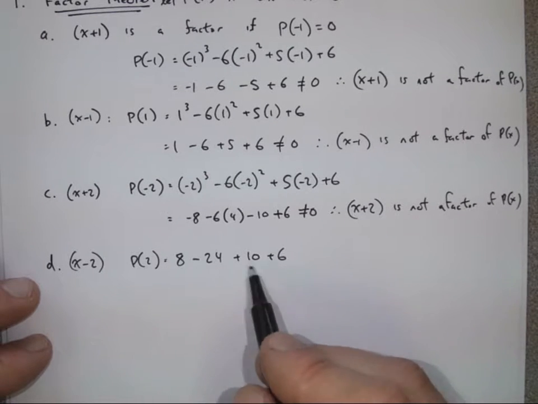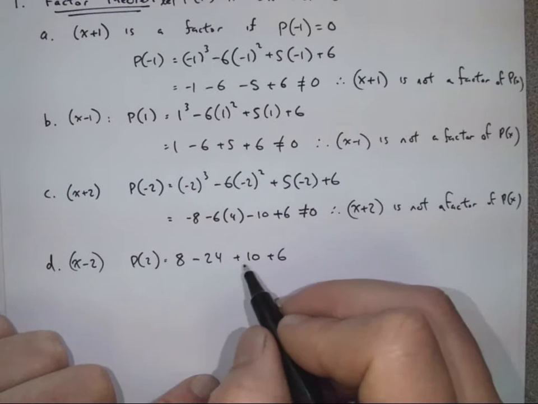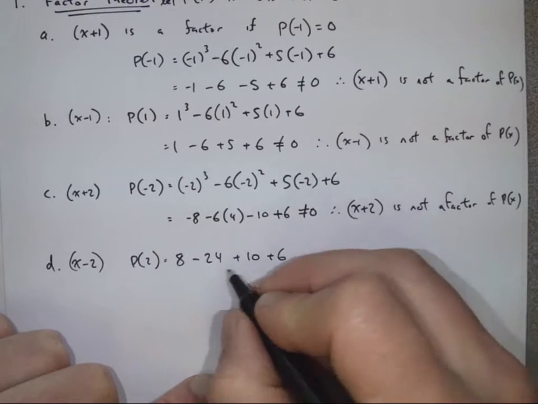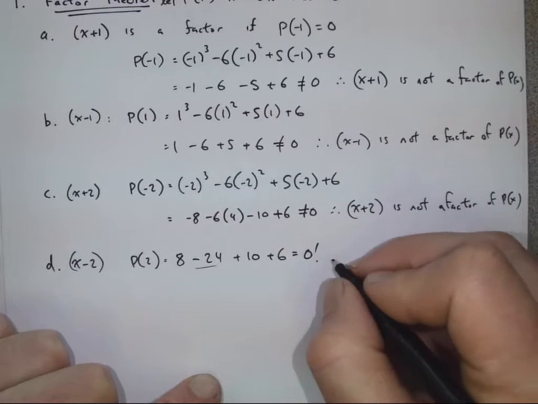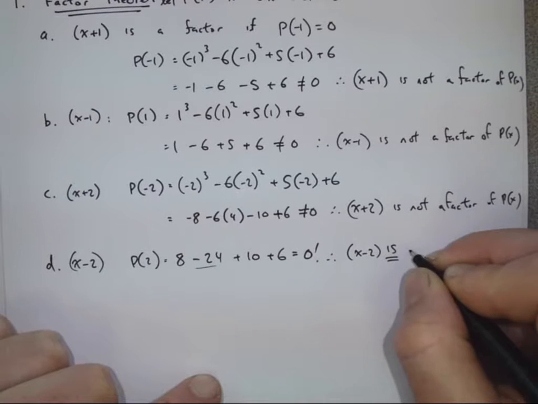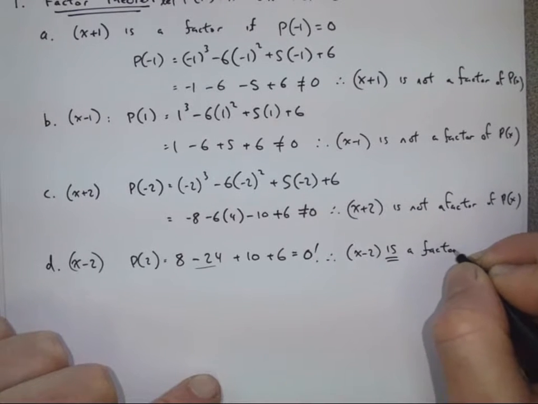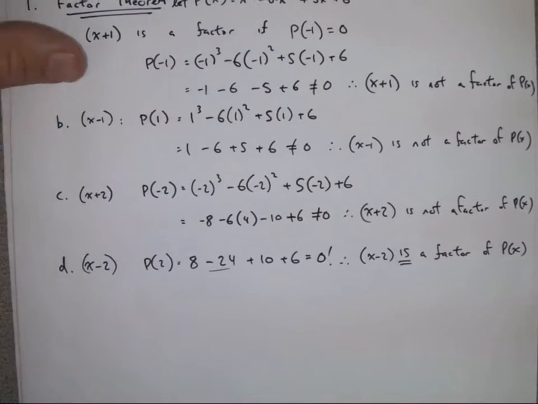I think we're actually going to get to 0 when we do this. So I'm just going to double check. 8 plus 10 is 18, plus 6 is 24. Take away 24 is 0. So therefore, x minus 2 is a factor of p of x. And that's the only one.